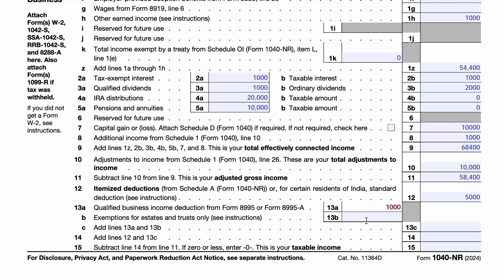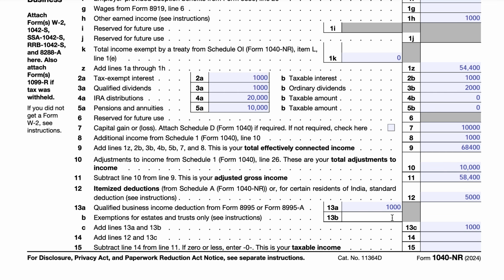For a qualified disability trust, as defined by the Internal Revenue Code, that would be $5,000. And for any other trust, it would be $100. You can look up the details in our article, but John Doe is not an estate, nor is he a trust, so we're going to put 0 in there.